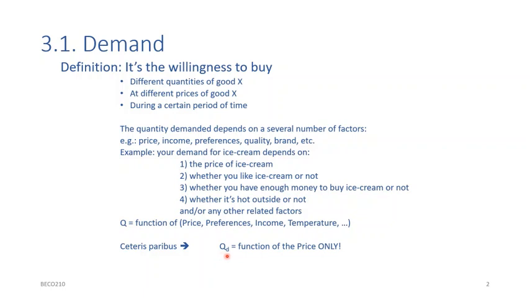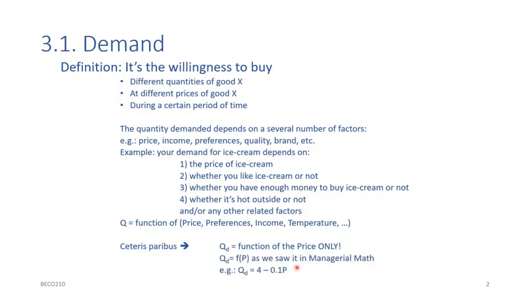The quantity demanded is a function of only one variable, the price. So, ceteris paribus, now we study the demand using only the relationship between two variables, which are the quantity demanded and the price. All other variables are set as constant.